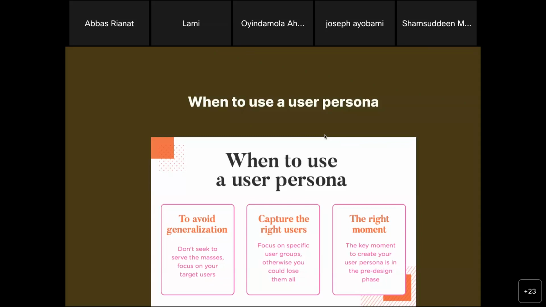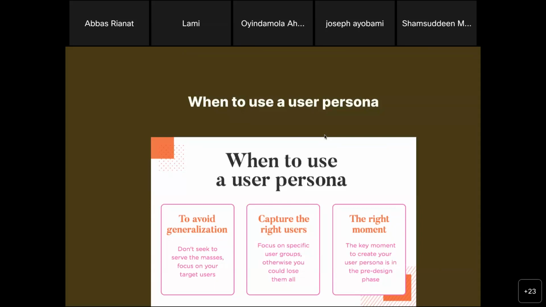And the right moment to use it. The key moment to create your user persona is in the pre-design phase, before you even start design at all, which is the second stage that we call the define stage, after your empathy stage, which is the first stage. So you might ask them questions about their lifestyles, their hobbies, all those kind of things.